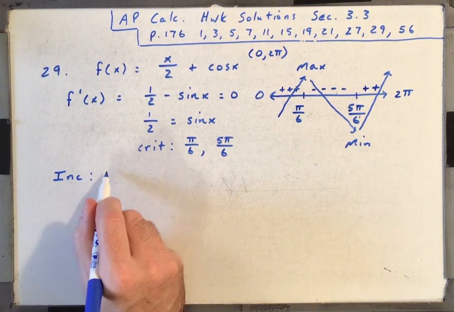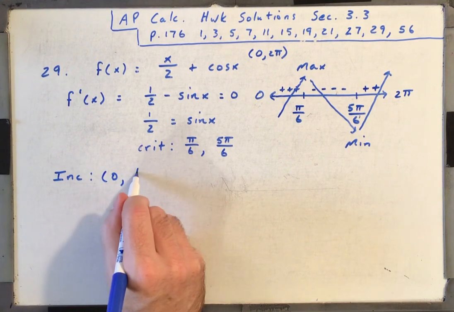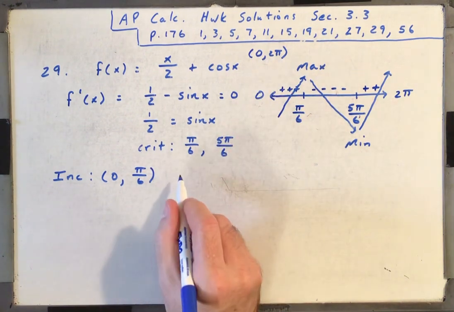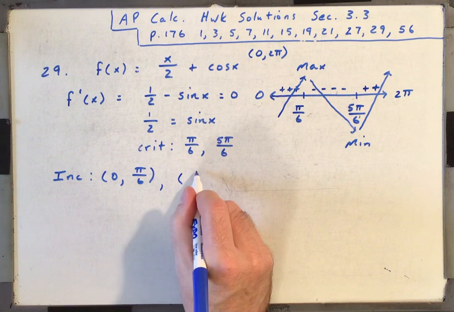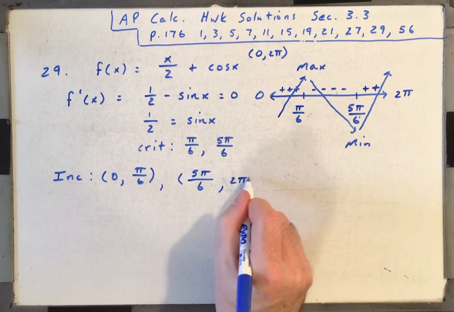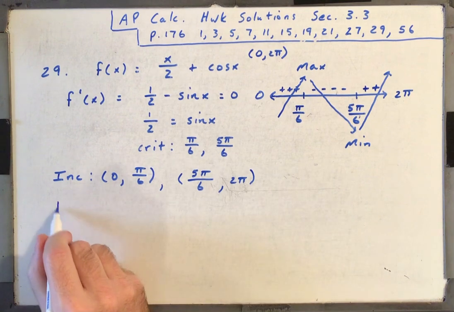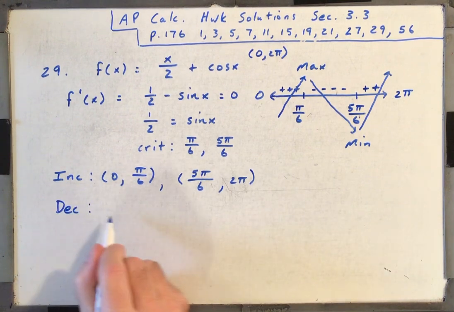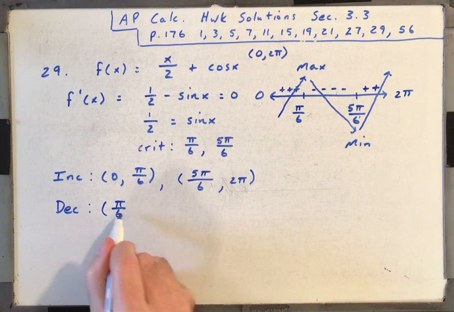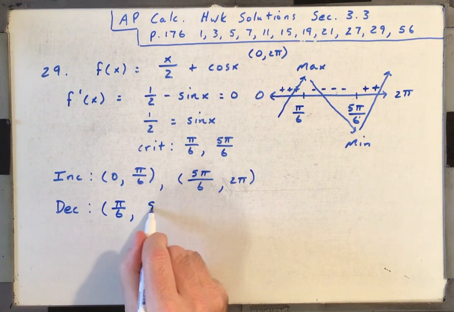We're increasing from 0 to pi over 6. Again, it's not negative infinity because they told us. And then also from 5 pi over 6 to 2 pi. We are decreasing from pi over 6 to 5 pi over 6.